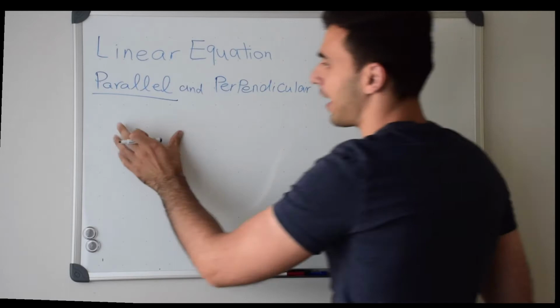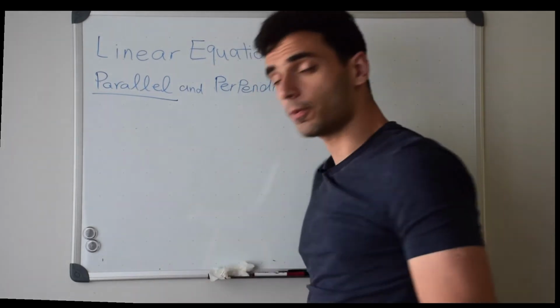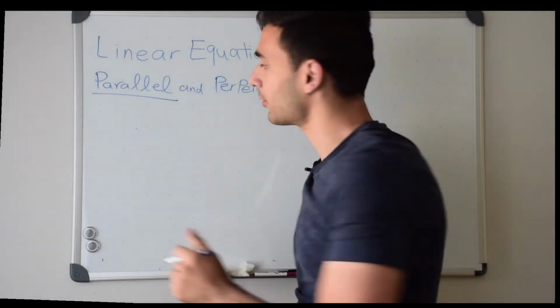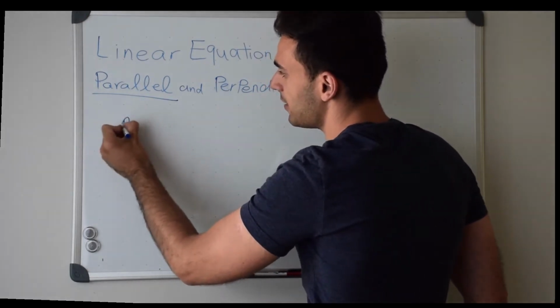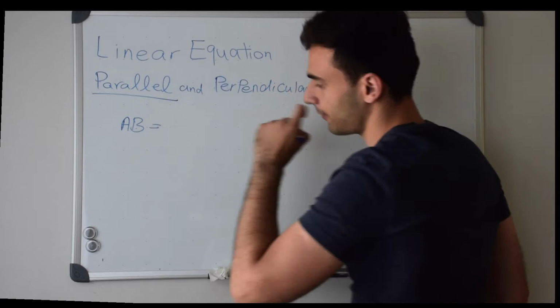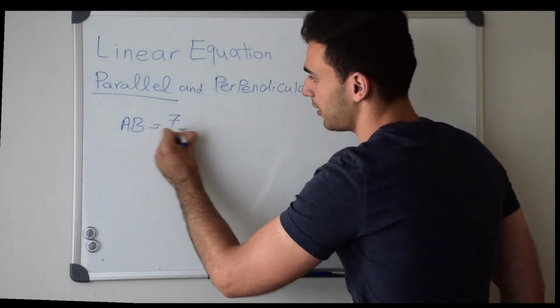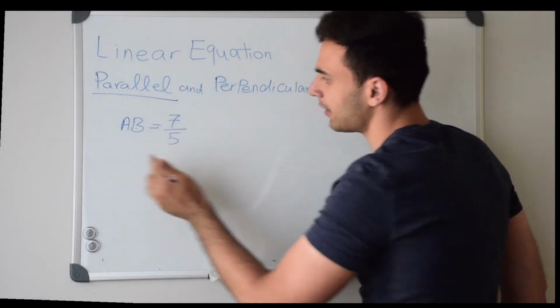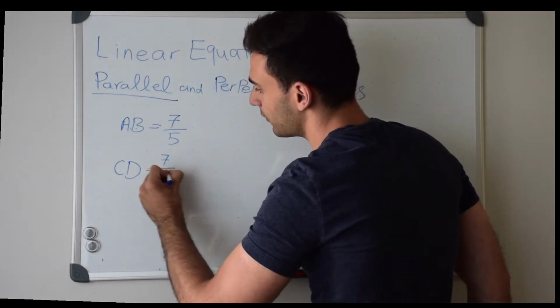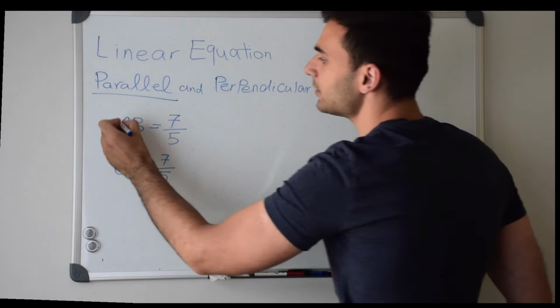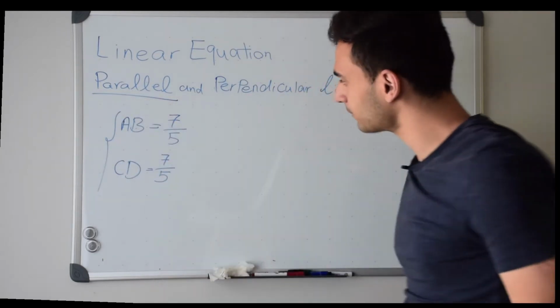Two lines are parallel if their slopes are the same. So let's say line AB has a slope of 7/5 and line CD also has slope 7/5. Then these two lines will be parallel.